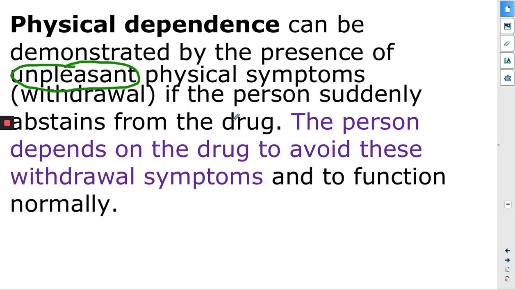So ultimately, if you are dependent on a particular substance, your body tells you through physical pain or discomfort, and we will often just call this withdrawal, that you need this particular drug to feel normal.